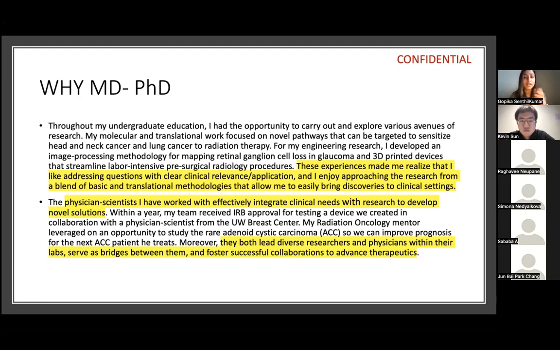But I think paragraphs like these are really important to put in there to say, from my experiences, the conclusion I came to was I love doing research that helps medicine. And then from my experiences, I really learned what a physician scientist career and life looks like, and I can see myself doing that. So if you can convey those two things in your essay, you'll be solid. That's what you really want to get across.